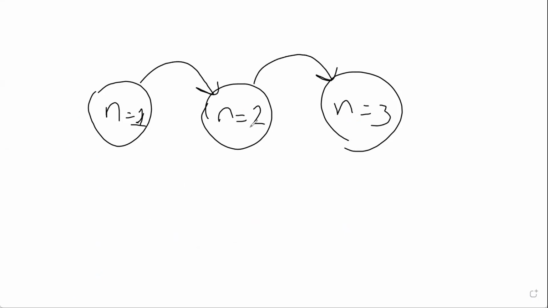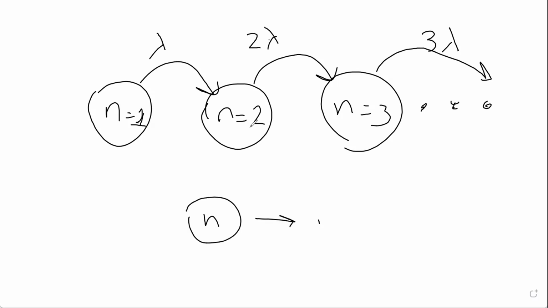So you have a given division rate, and the transition between states is proportional to the number. This one is going to be 2 times lambda, and this one is 3 times lambda, and so on. So essentially the transition from n to n plus 1 is n times lambda.